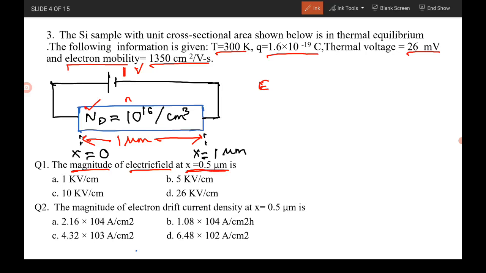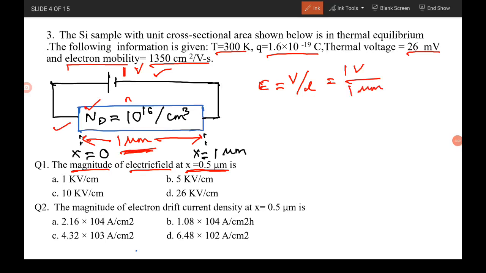So the electric field is uniform and we can directly calculate it with the help of the formula V divided by L, because V is given as well as the length. So what is V? Here it is 1 volt divided by the length. What is length here? It is 1 micrometer. Don't take 0.5 micrometer. We have to take the total length of the semiconductor, that is nothing but 1 micrometer.